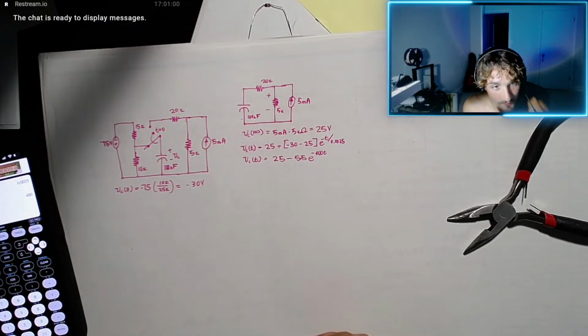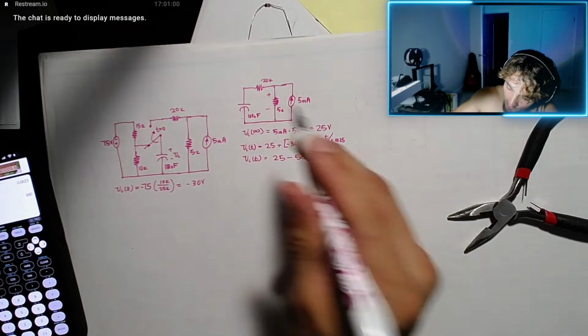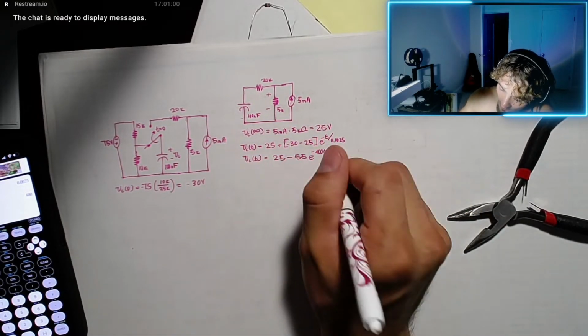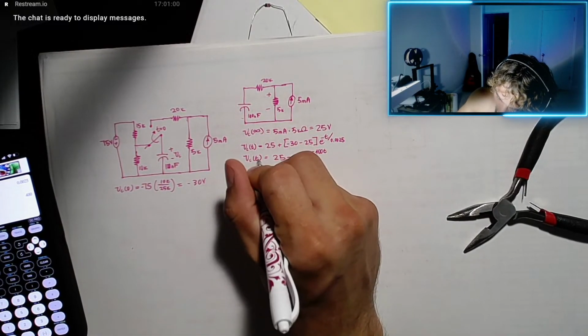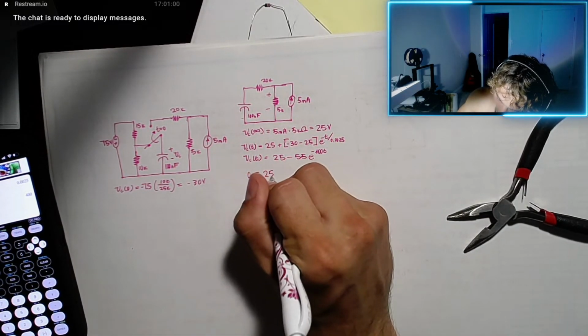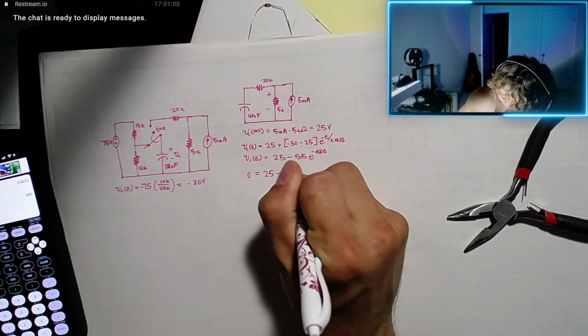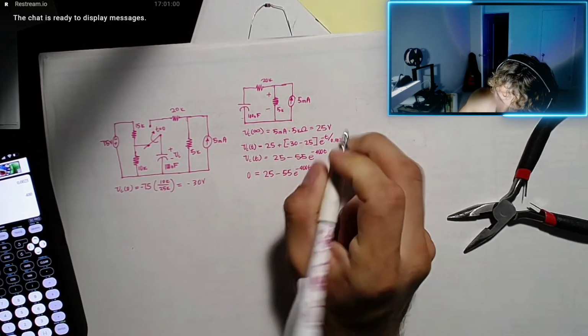And then now, the length of time in microseconds required for the capacitor voltage to reach 0 after the switch is moved to position B. Okay, so now we just plug it in. If we want to know the time it takes to achieve 0 volts, we would just say Vc of t equals 0, because we're solving for time. 0 equals 25 minus 55 e to the negative 400 t.